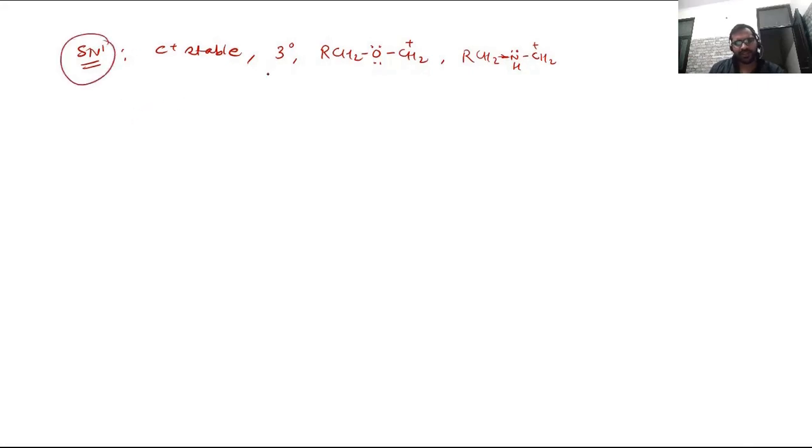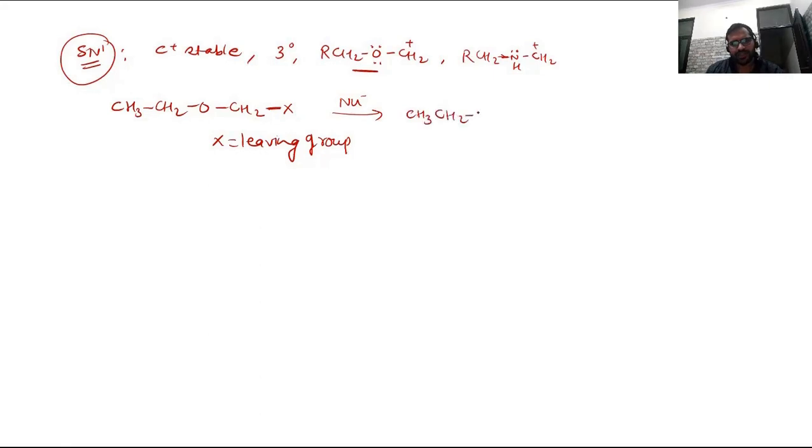For example, if I take this type of compound, CH3CH2OCH2X, where X is a leaving group. Now, if I add any nucleophile here, before the nucleophile attacks this carbon, this C-X bond will cleave out, and we will get a stable carbocation, that is CH3CH2OCH2+.